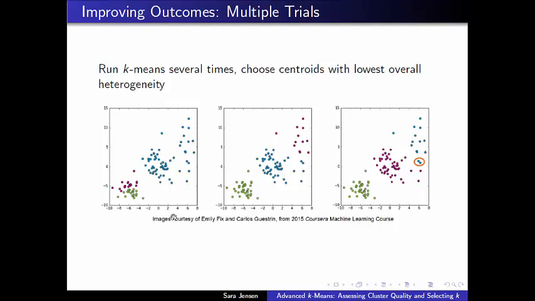One thing we could do is run our k-means algorithm several times, and we might get very different outcomes. But we can measure the heterogeneity of each of the different clusterings, and return the one that has the least heterogeneity as the best one to represent our data set.